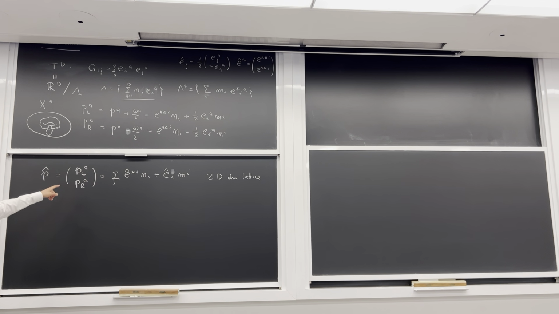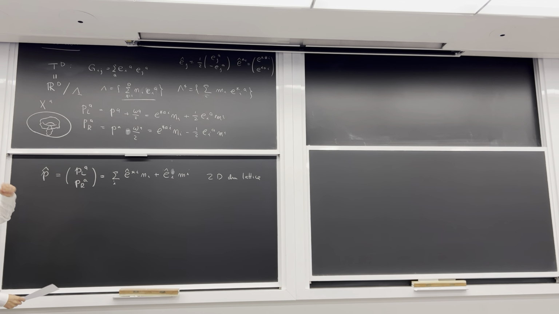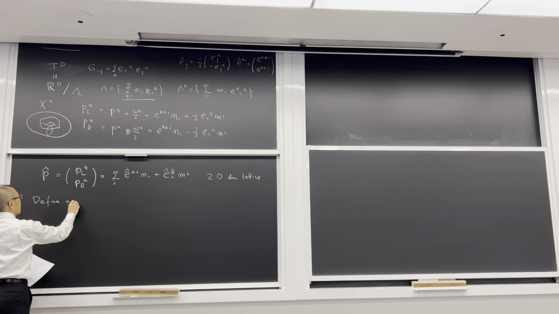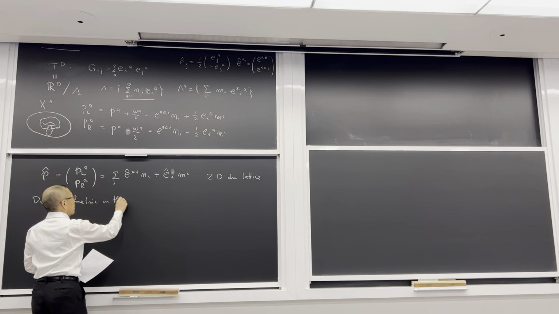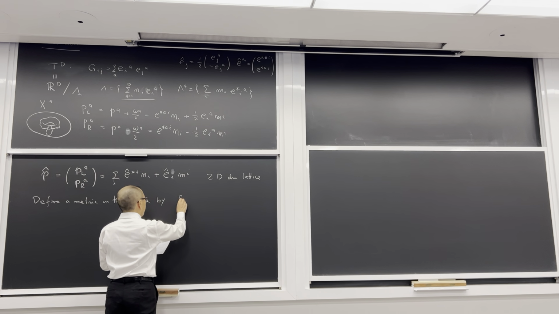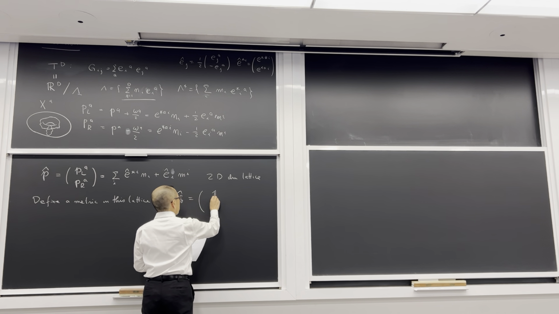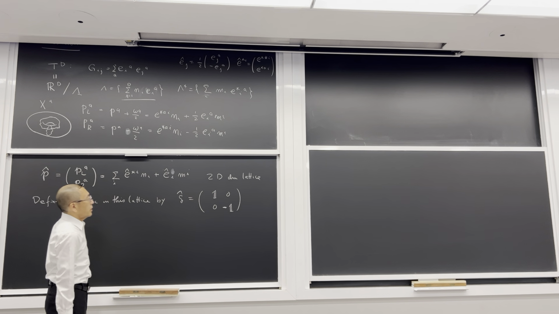As you can see by the definition, there is a natural metric that we can introduce in this space, because suppose you have two of them, and suppose you take an inner product of them, then we can actually define a metric on this lattice in this basis, the d-dimensional lattice.